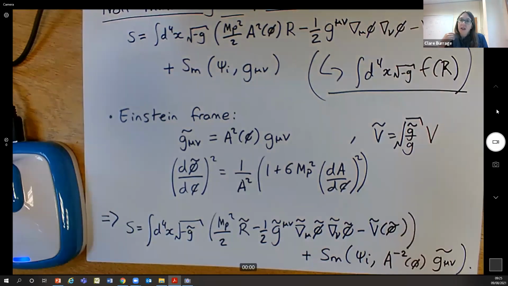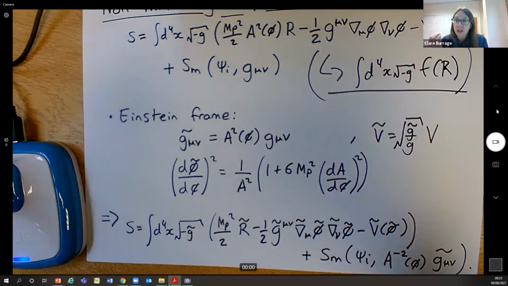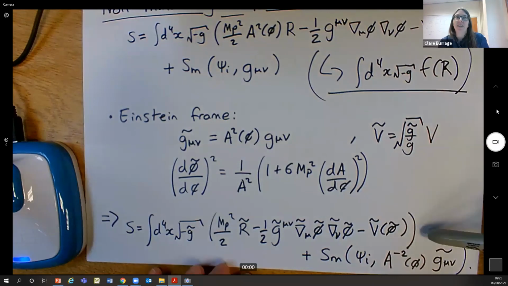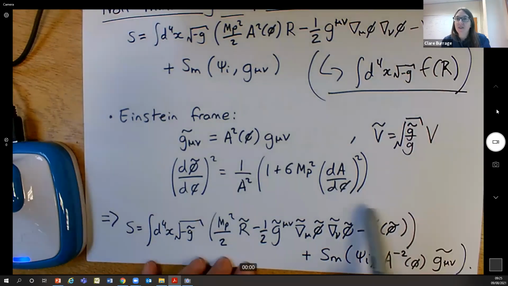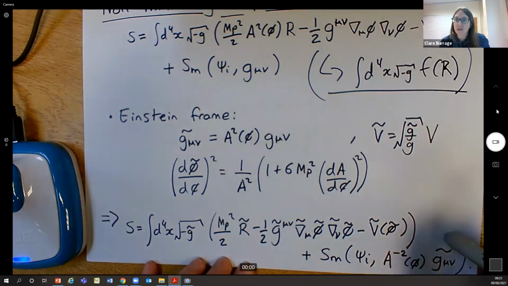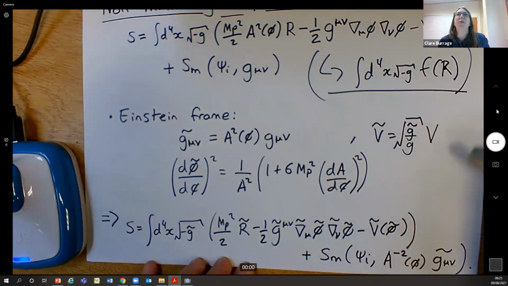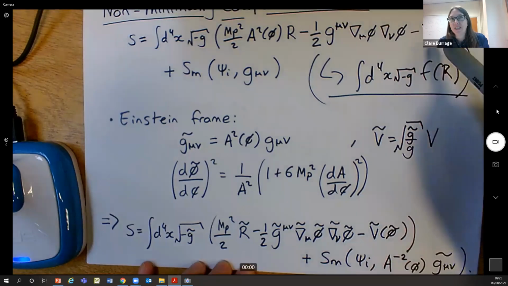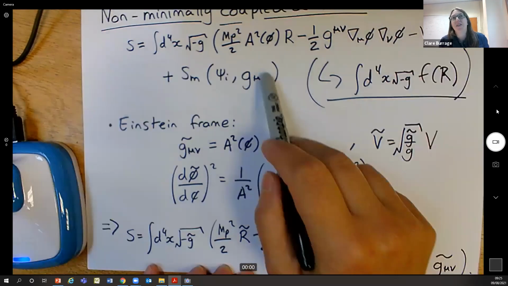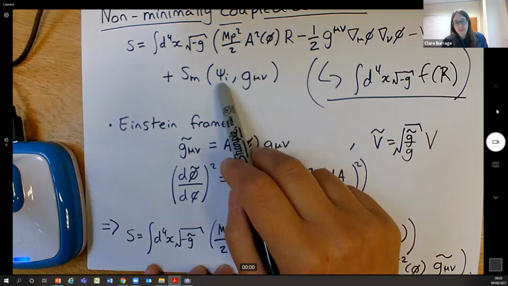So if we do a calculation where we assume that the masses of our matter particles are constant, and we think we're living in an extended or modified gravity theory, then we're doing the calculation in one particular choice of frame. If we're assuming our matter fields are constant, we're doing the calculation in this frame, where the scalar field is not showing up in the matter action.